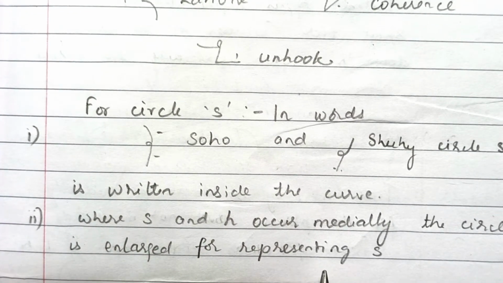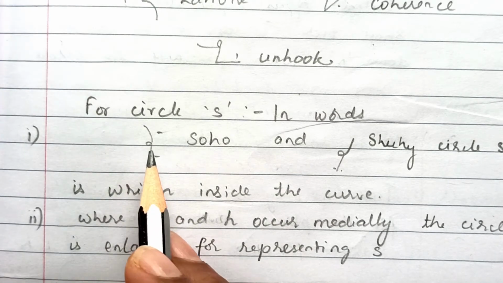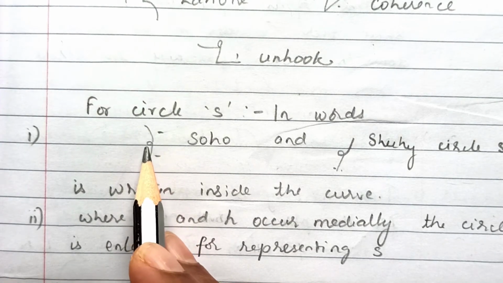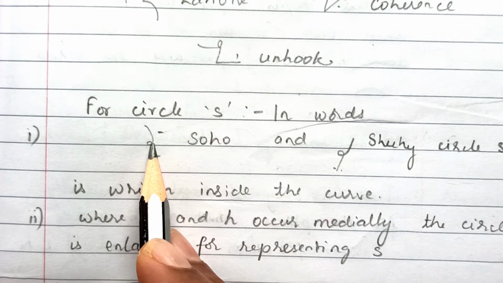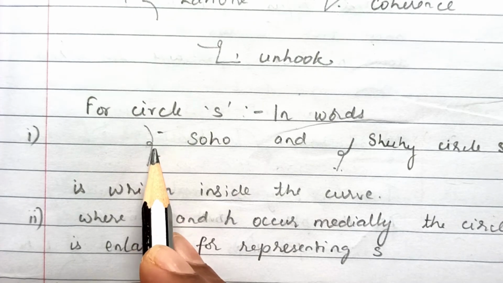Here we can see the stroke and this circle indicates the letter H. So, ho.